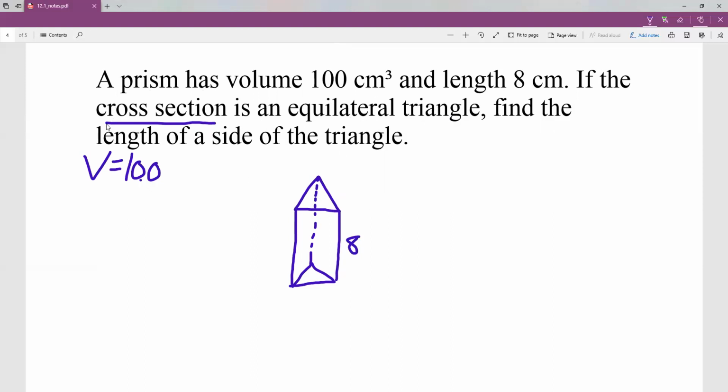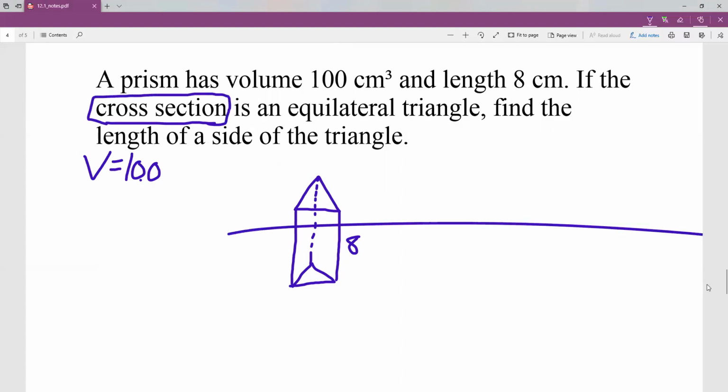What a cross section is, it's just if we were to slice this thing in half and take both parts and look at them, like break it apart, look at the insides, that's what a cross section is. So basically what this cross section is telling us is what the base looks like. So it's saying the base is an equilateral triangle.